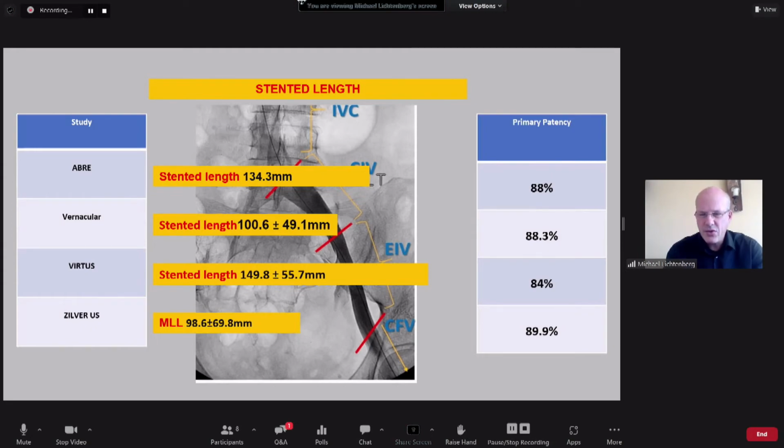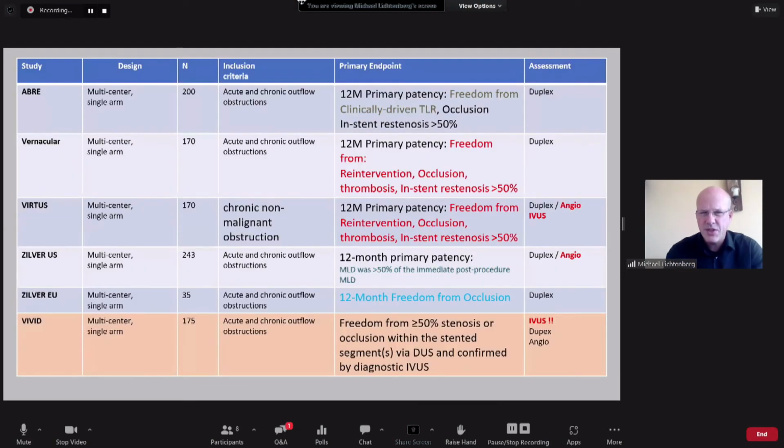It is not fair to compare a Zilver stent with an Abre stent because the standard length situation is different. And also the outcome data of these stents are very differently assessed, as you can see on the right side. Primary endpoints were very different in these trials, so it is very important to compare apples with apples based on these IDE trials.